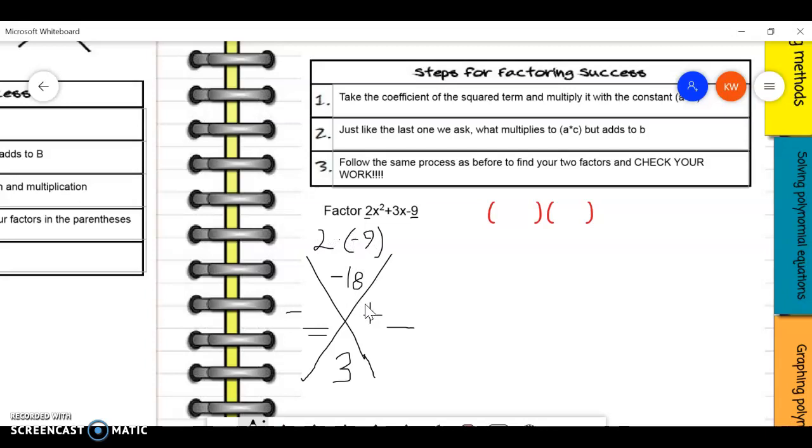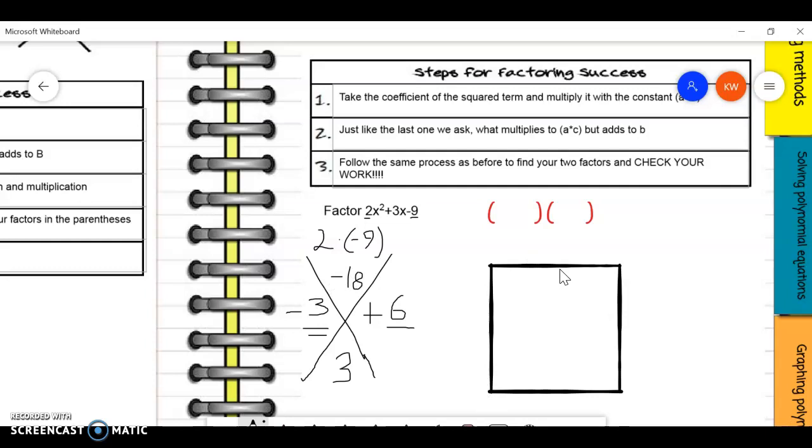We also are going to see 1 and -18 we could do. We could also do 3 and 6. Now, if we do 3 and 6, we can put that +6, since it's the bigger of the two, as our positive number, and the negative as our 3. So -3 times 6, -18. -3 plus 6, +3.